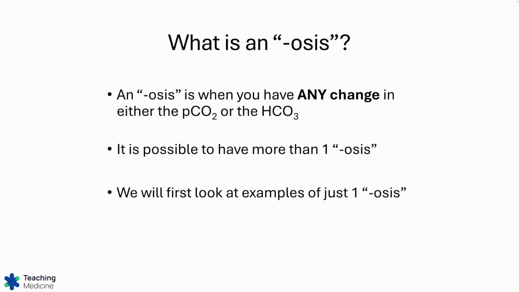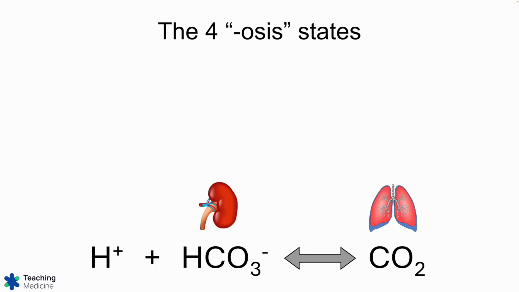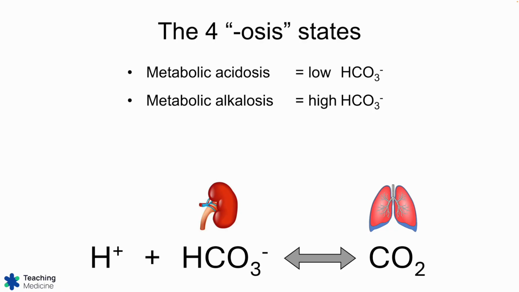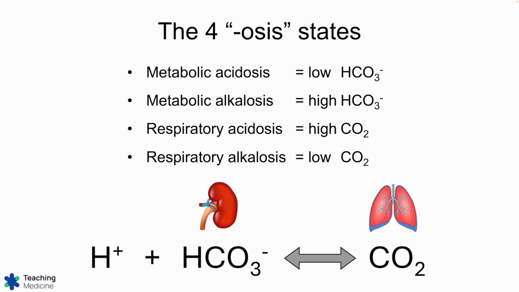But just to get you started, the first few examples we're going to look at are just going to have one osis process. So again, bicarb is metabolic, CO2 is respiratory, and when you have a metabolic acidosis, you're going to have a low bicarb. A metabolic alkalosis will be a high bicarb. Respiratory acidosis is going to be a high CO2, and a respiratory alkalosis is going to be a low CO2.